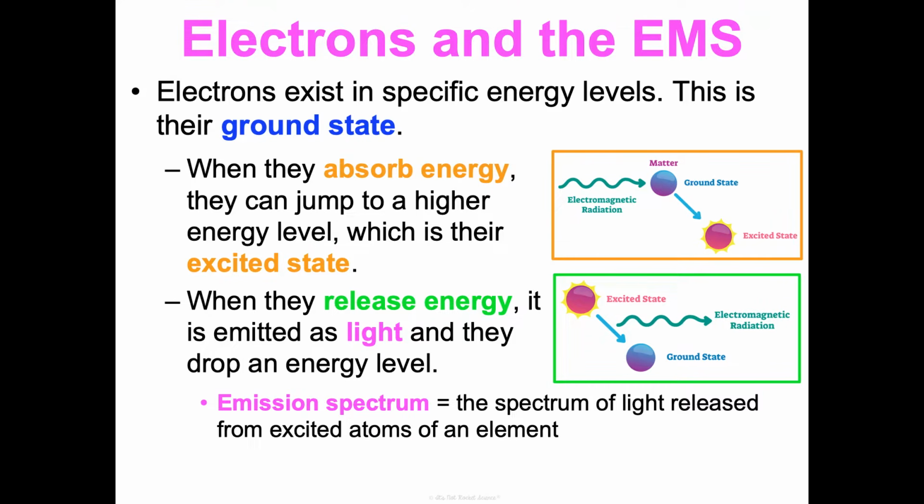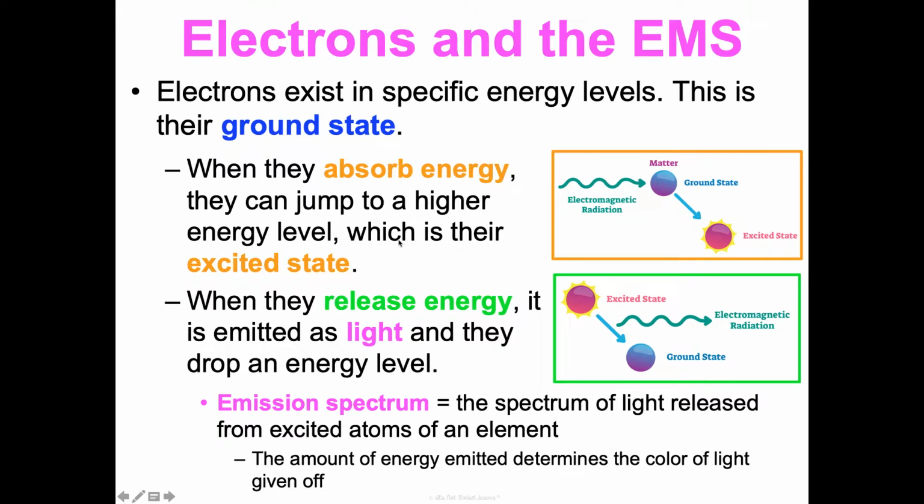But if it gains energy, if it absorbs energy, like if we apply electromagnetic radiation to it, it can gain enough energy to then jump energy levels and jump to the next rung on the ladder, further away up the ladder. And then if it loses energy, it will jump back down to its ground state and come closer to the nucleus. And that energy that it loses or releases is going to be given off as light. And we're going to see this in a lab that we are going to do together.